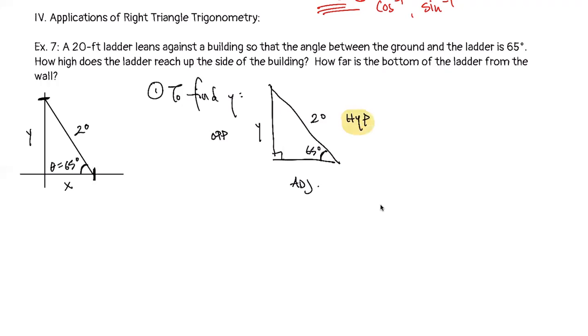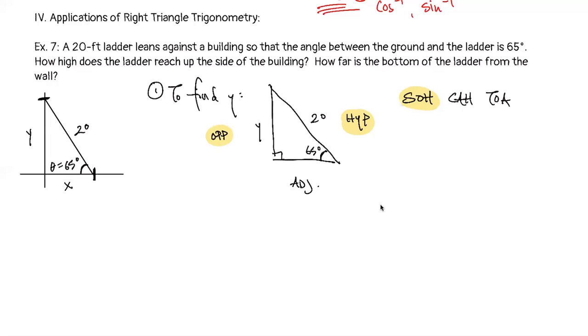We have the hypotenuse and we want to find the opposite. With SOHCAHTOA, which one of those three deals with the opposite and the hypotenuse? That's sine, and that's how I choose which trig function to use.